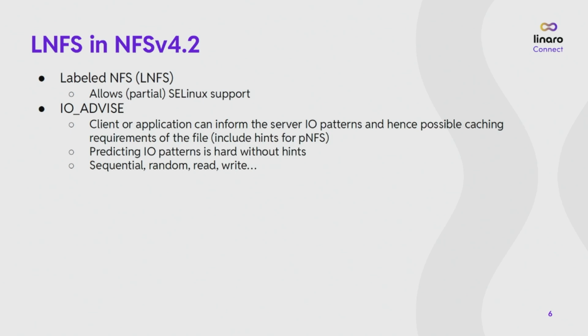Okay, let's see some other features from NFS v4.2. Labeled NFS is about supporting SELinux, for example. We can have labels such as top secret and less secret. So maybe a user has only the less secret label when he wants to access other files that are marked confidential.